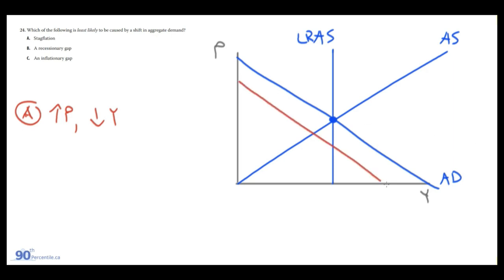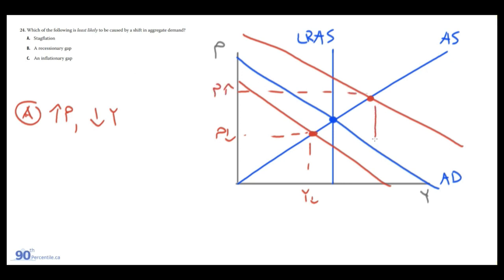So if I decrease aggregate demand like this, we're going to get a new equilibrium right here at lower prices and lower output. And then if I increase aggregate demand, we're going to get a new equilibrium with higher prices and higher output.